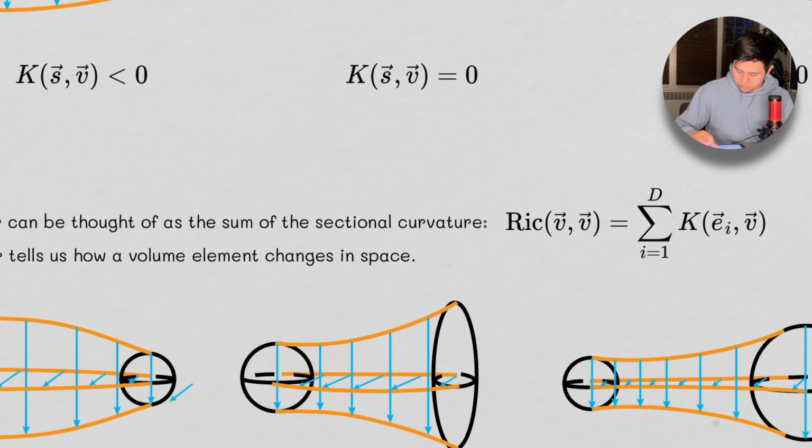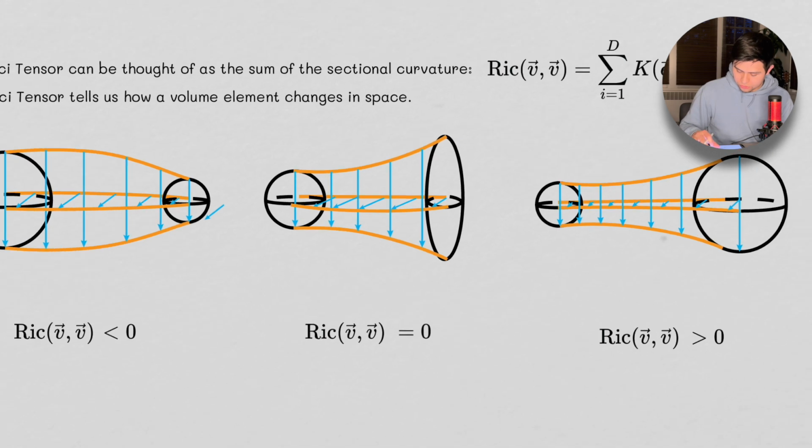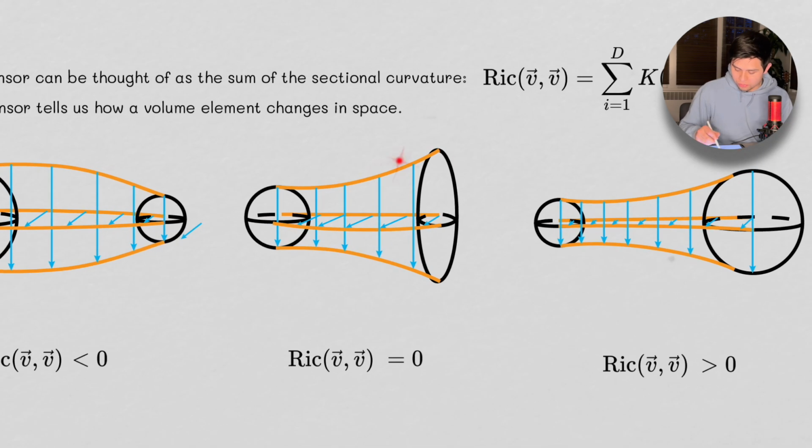So the net result is that we have the Ricci tensor actually equaling 0. So the volume stays the same, the shape not necessarily, and that's going to be important, right? Because the shape is going to be encoded in something a little bit different, which is going to be the Weyl tensor, and we're going to talk about that as well.